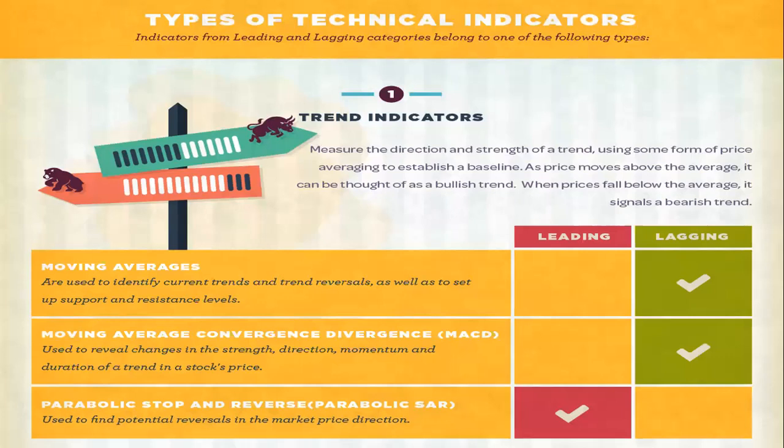Parabolic SARs are leading indicators. They are fast and sometimes give false signals as well. So let's move to the next slide.